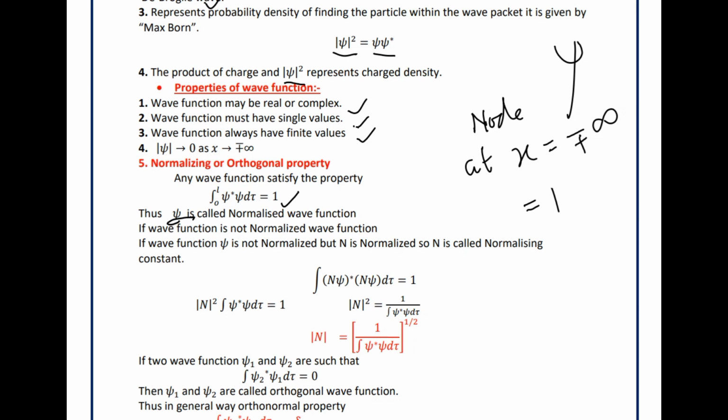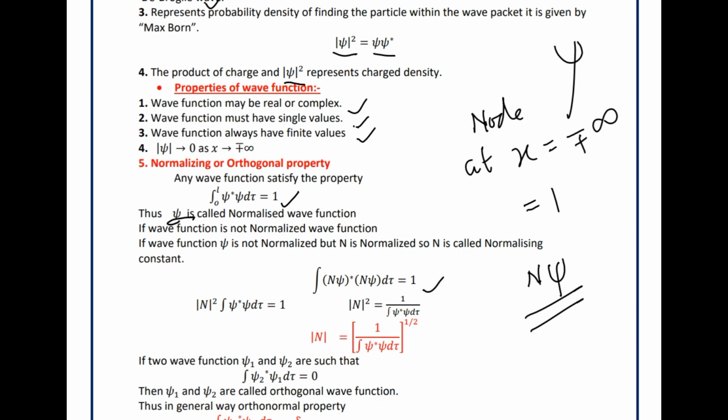If our wave function is not normalized, but if we multiply the wave function with some number n, such as n psi, and it is normalized, then we apply the condition integral n psi star n psi d tau is equal to 1.